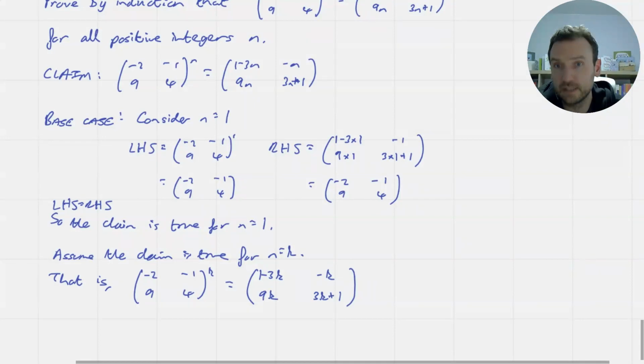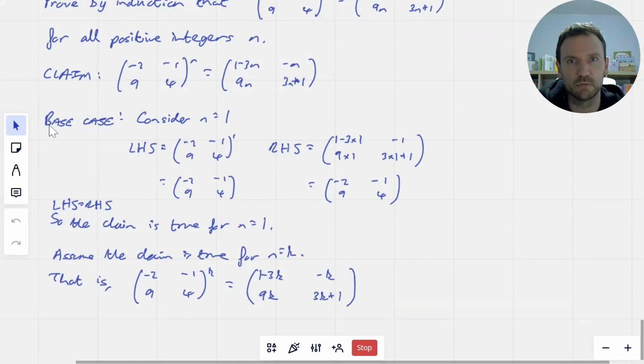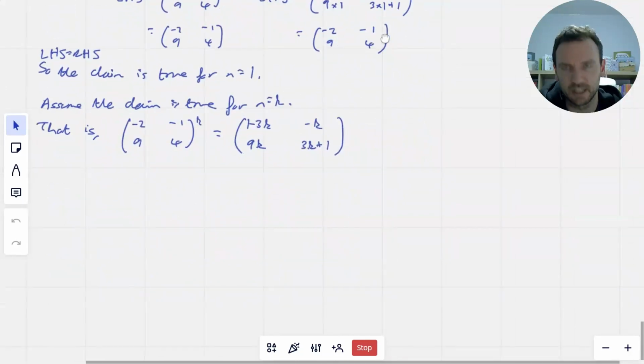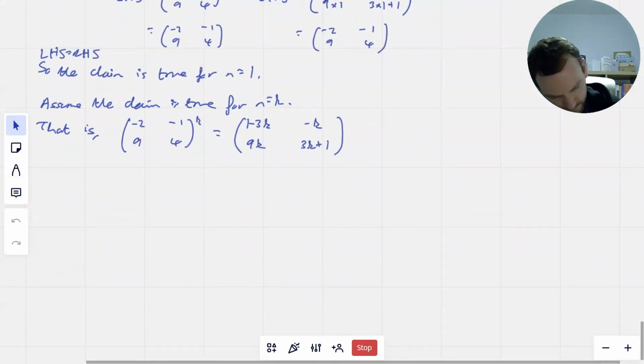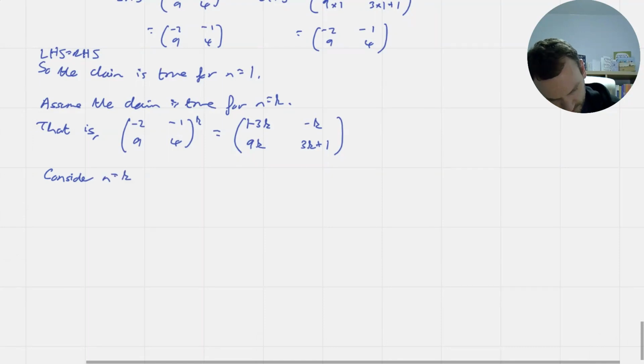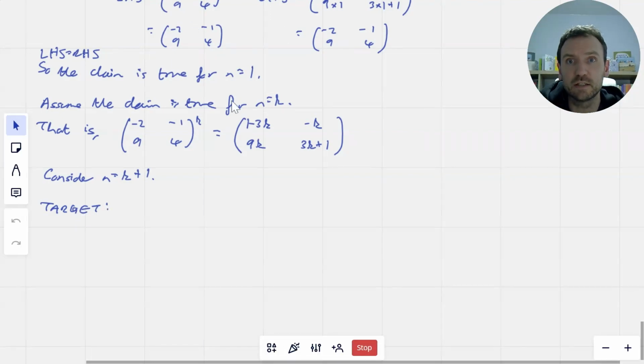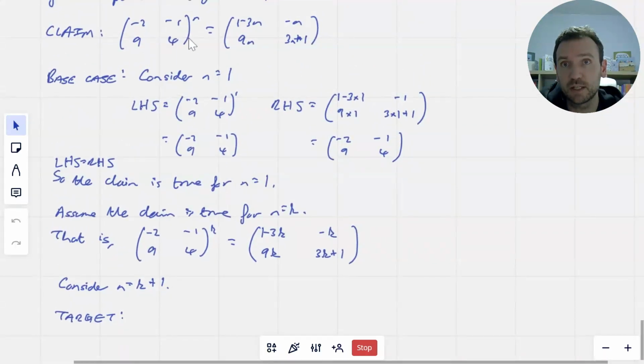Now we need to prove that if it's true for n equals k, then it's true for n equals k plus 1. So this is our inductive step. We're going to consider n equals k plus 1. This next line is a bit where you could get away without writing it, but it's really useful to have the target for yourself. What are we actually hoping is true? We're hoping that when we replace n in our claim with k plus 1, the claim holds.